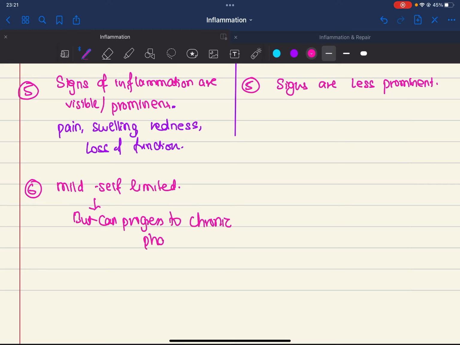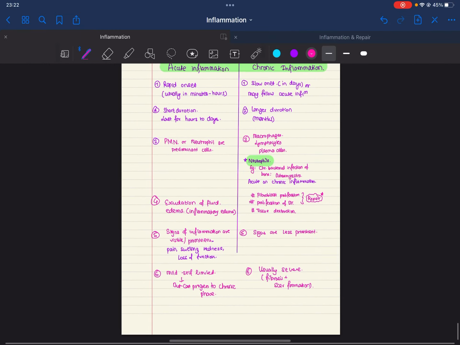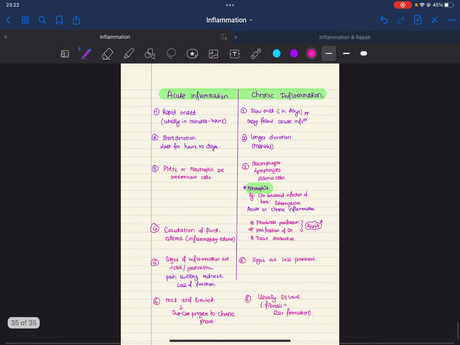I already discussed the outcomes of acute inflammation. But the damage in chronic inflammation is usually severe, because fibrosis is there and also scar formation. These are the differences between acute and chronic inflammation.